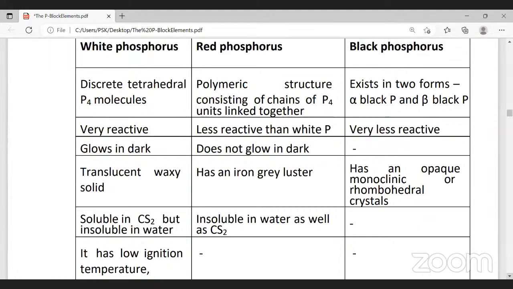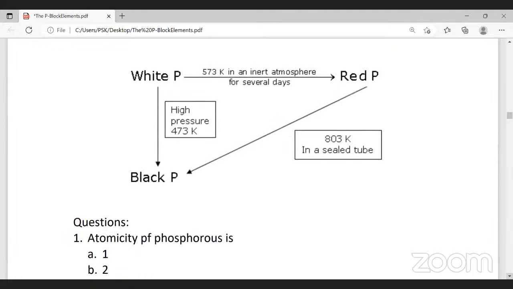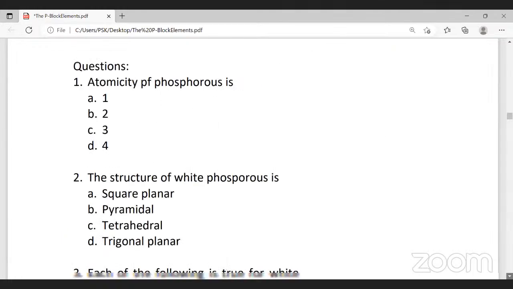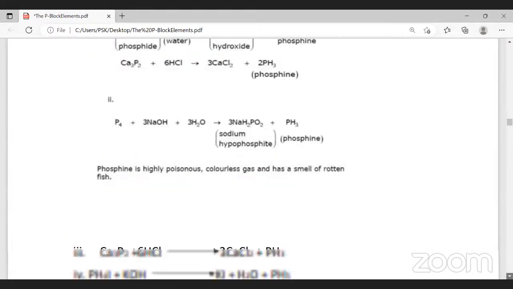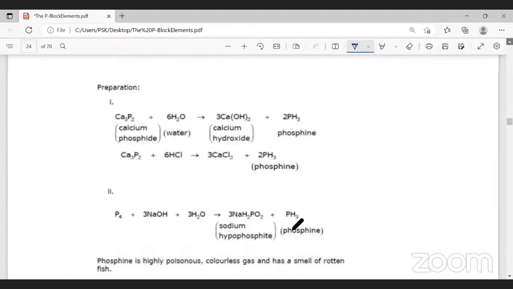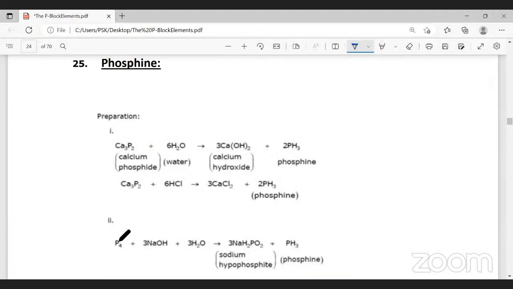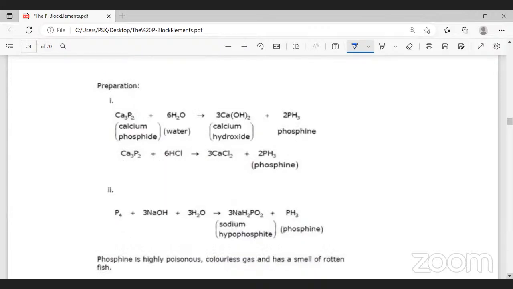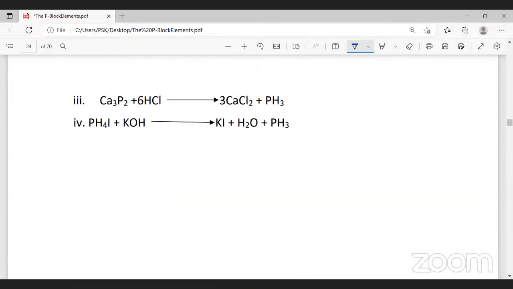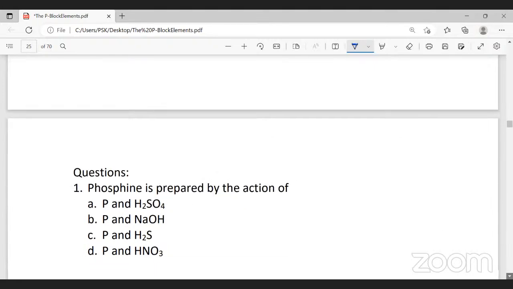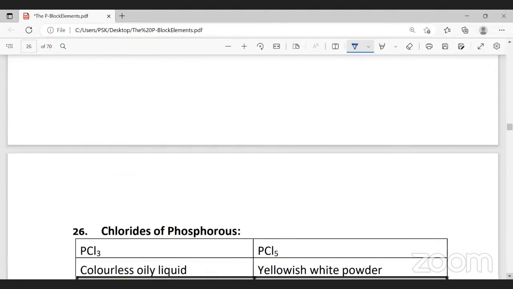And we also learned with respect to phosphine, calcium phosphide and white phosphorus, when reacted with aqueous sodium hydroxide, we get phosphine. We learned the preparation of phosphine, and also we'll have to learn this 1-mark question. Holmes signal I taught you.